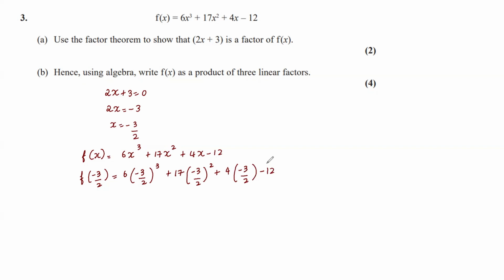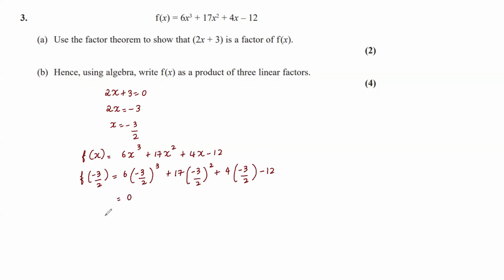So let's just put this in the calculator. 6 into minus 3 by 2 is basically minus 1.5, the whole cube, plus 17 into minus 1.5, the whole square, plus 4 into minus 1.5 minus 12, which will give me 0.